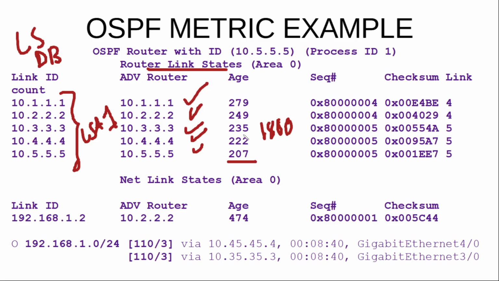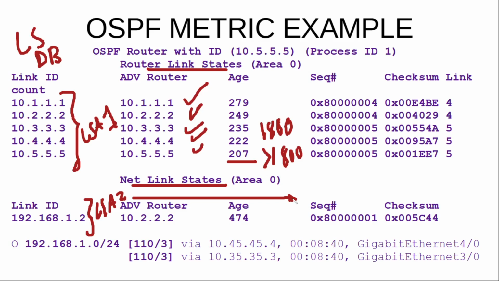However, if you see something that is going larger than this number, this means that something went wrong with one router. And these are the LSAs type 2, which correspond to networks where more than 2 routers are connected. So for instance, these correspond to broadcast networks.